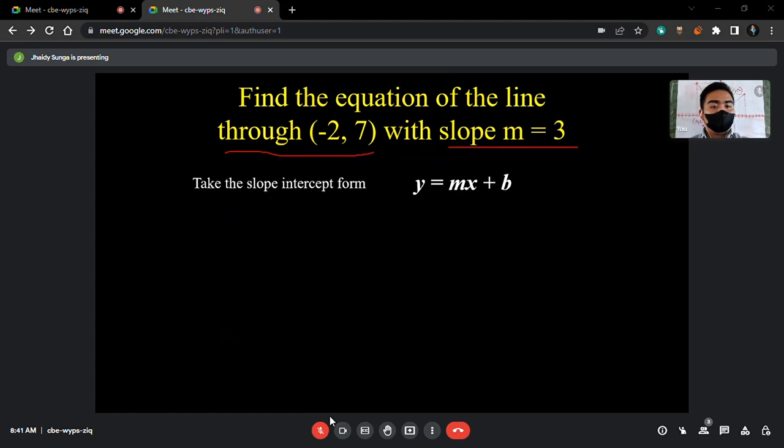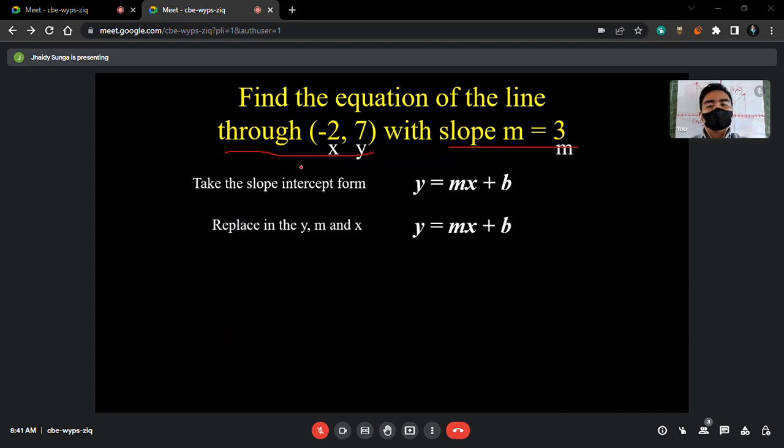Alright, so if we have this slope-intercept form, what we are going to do is to replace the y, m, and x. Why is there a y and x already?